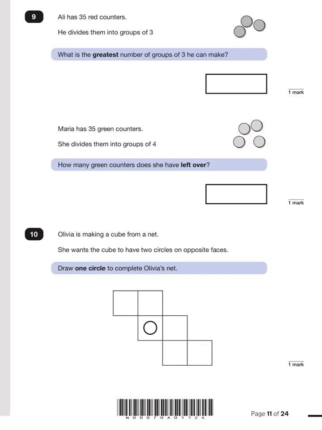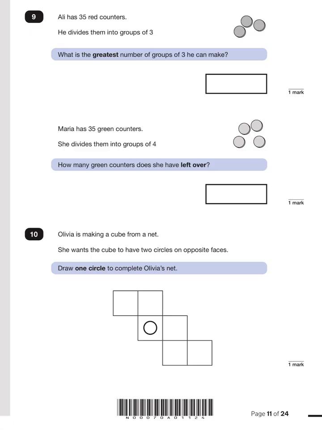Number 9. Ali has 35 red counters. He divides them into groups of 3. What is the greatest number of groups of 3 he can make?